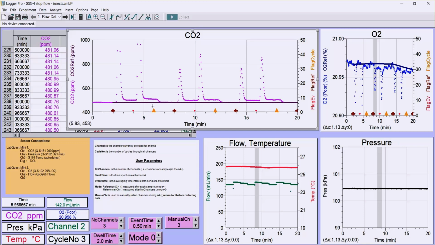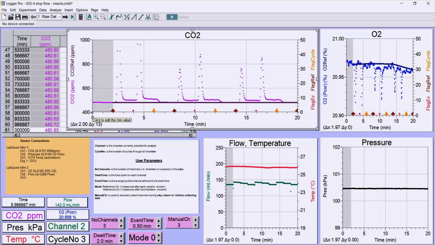So looking at this stretched graph, I'm just going to explain these flags or symbols that we have at the bottom here. The crosses represent the switch time from reference to the next channel. So basically, any measurements that are done before the red cross, those are the measurements done on channel 1.